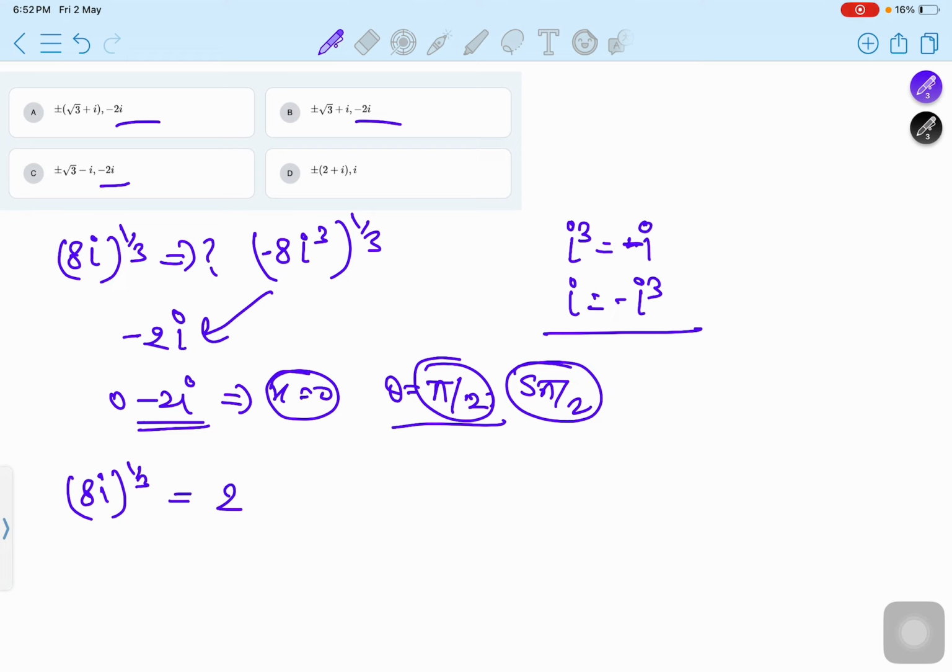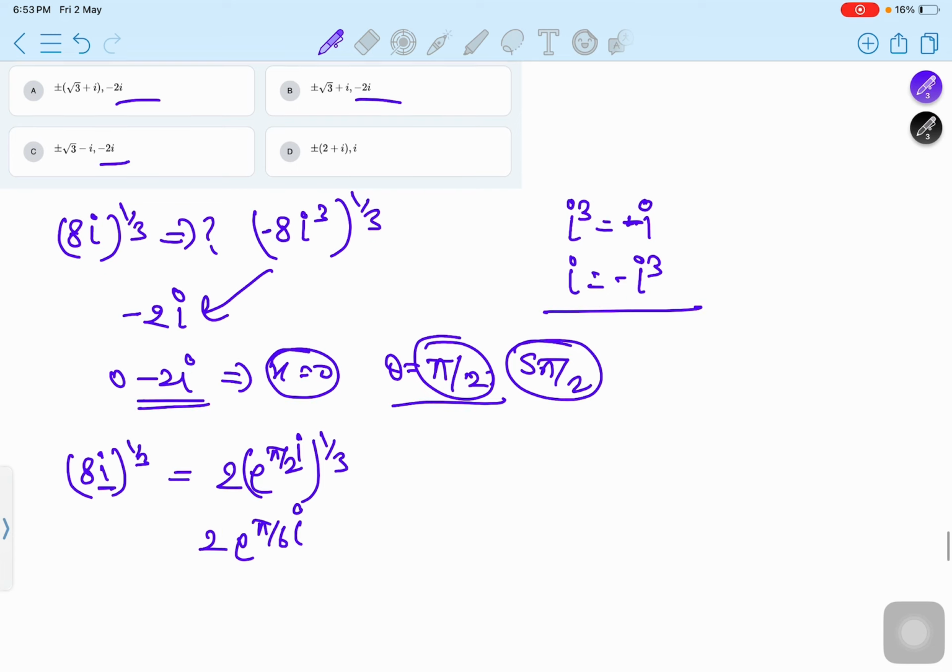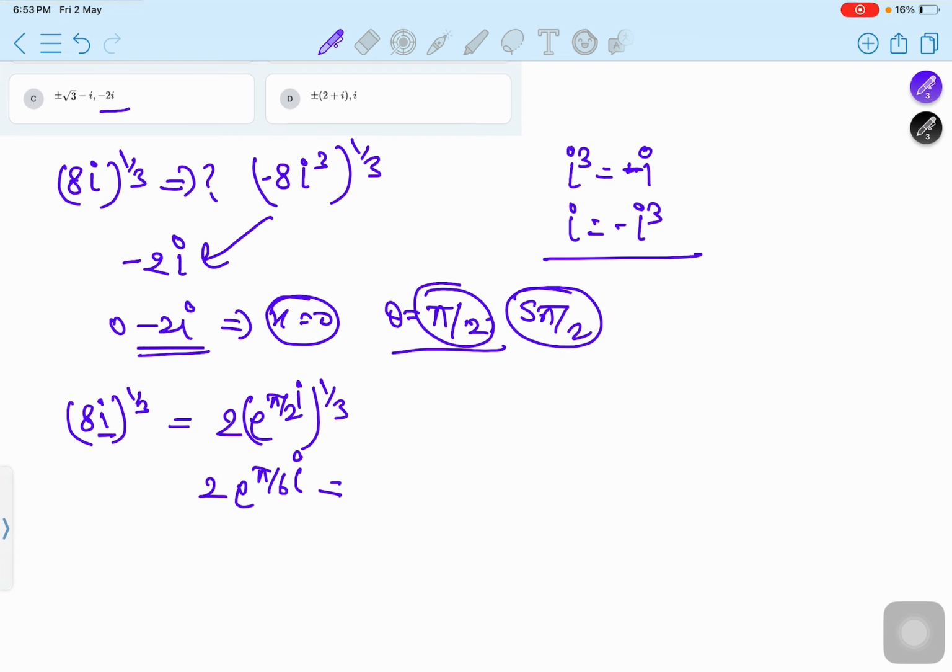Put that value, so the 2 times, and convert iota power 1 by 3 to e power pi by 2, and that is 1 by 6 times 1 by 3, so that's why it is 2 e power pi by 6 iota. I can convert to another form: 2 cos pi by 6 plus iota sin pi by 6.